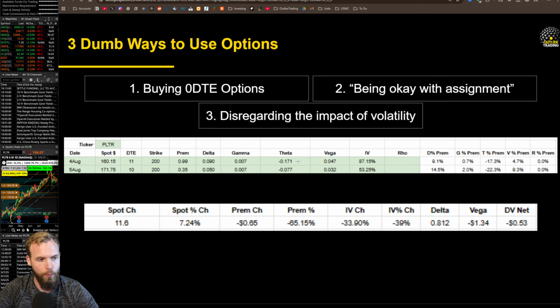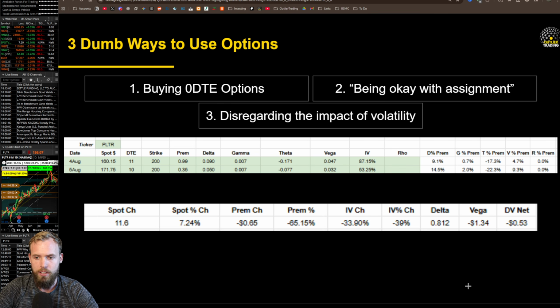But let's take a look at what happened to our Greeks. It went 11 points in our favor, yet our premium collapsed by 65%. Our delta collapsed by almost half. Our theta went down because now we're so far out of the money, and our IV changed by 33.9 points.